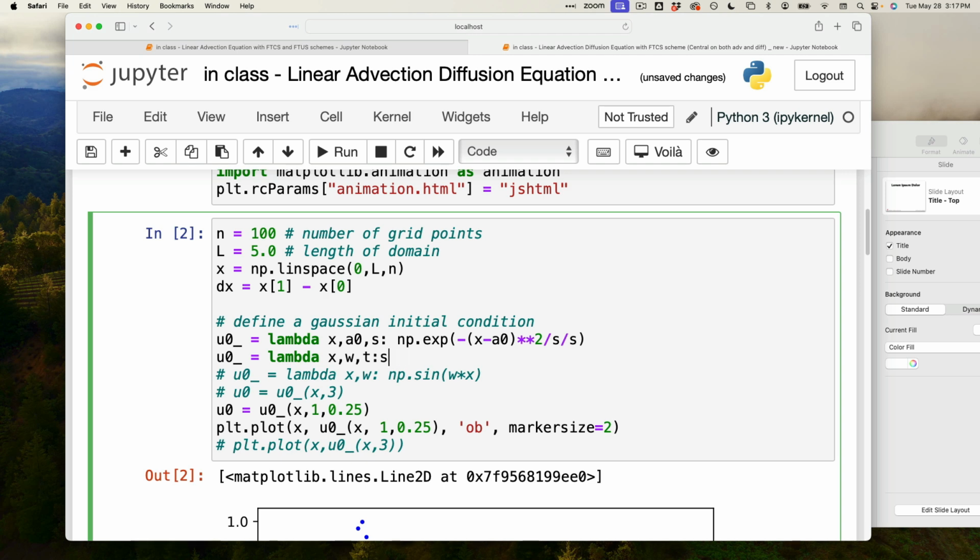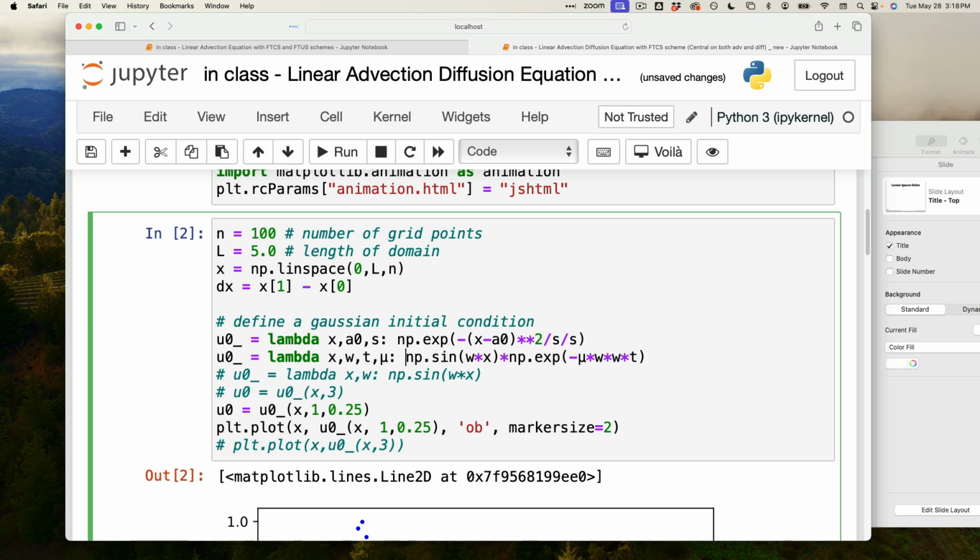So we will do np.sin of omega x, times np.exp of minus mu times omega squared times t. Okay, so this is going to take mu, and we'll make mu a global variable, so we don't have to pass a ton of arguments every time. Or you can make it an argument over here, okay?